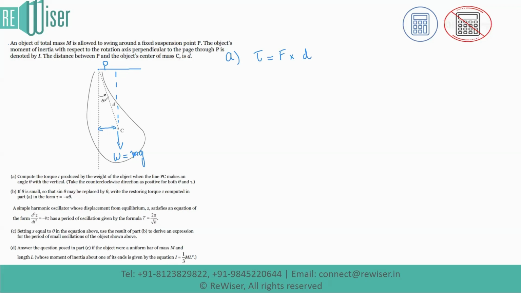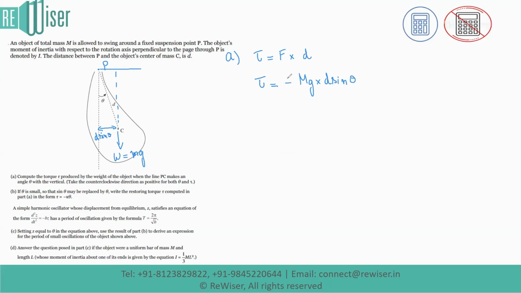I will use sine theta since sine is opposite over hypotenuse. The opposite side will become sine theta into the hypotenuse. So this distance will become d sine theta, giving my final equation for torque as tau equals negative weight, that is mg, into d sine theta.